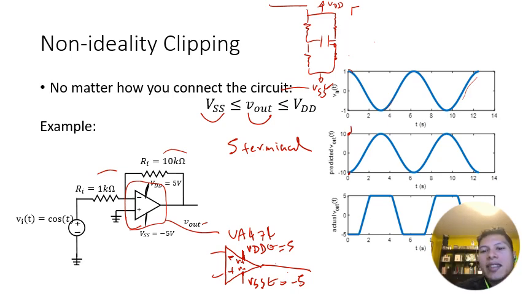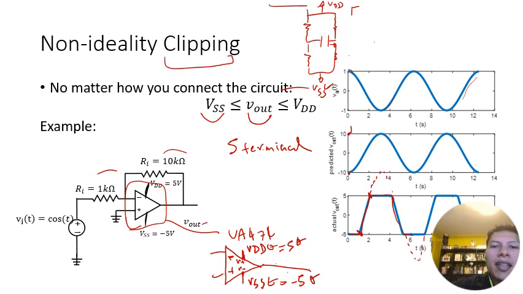What I will actually see when I do this in a lab is this, where I get the actual gain, but then it clips. It doesn't quite go to 10 and it doesn't quite go to negative 10, because you can never gain more than your DC bias points. That's called clipping. So that's another source of non-ideality that you could see in a lab.